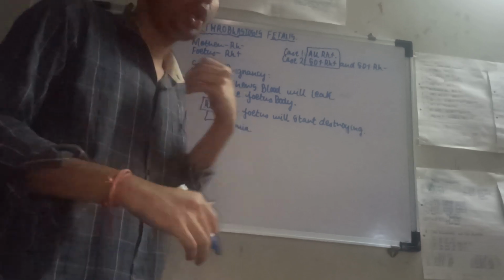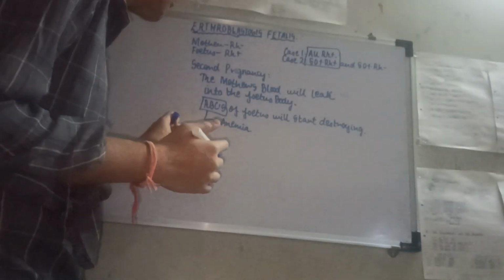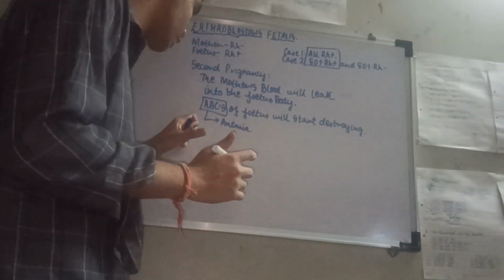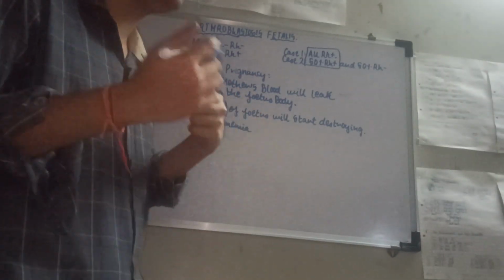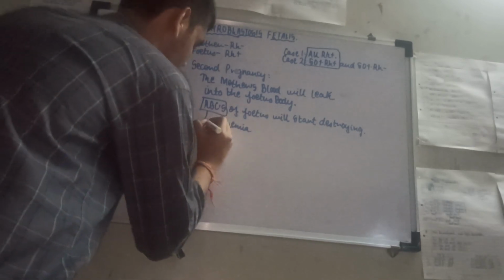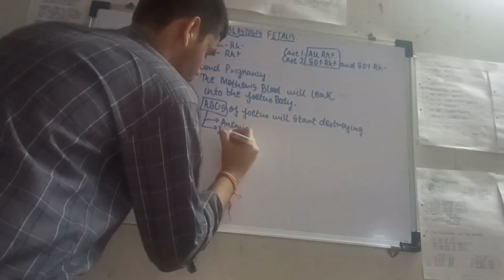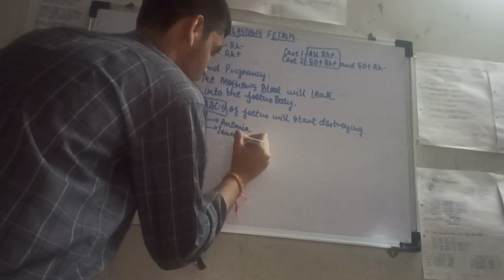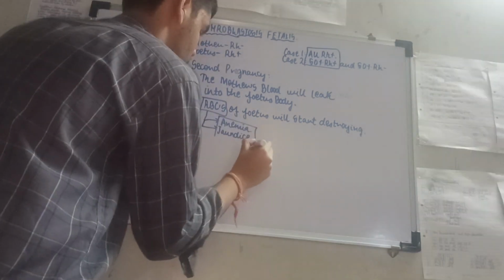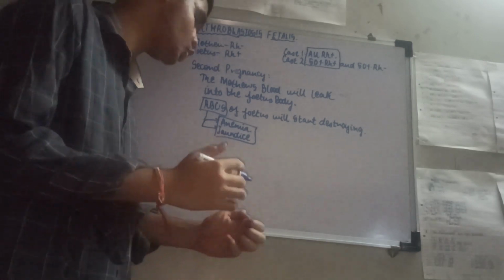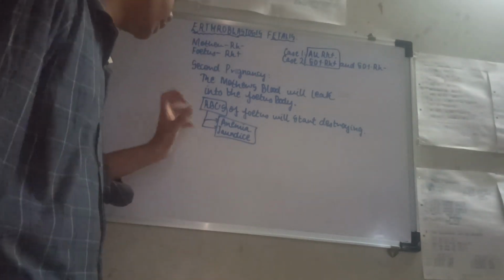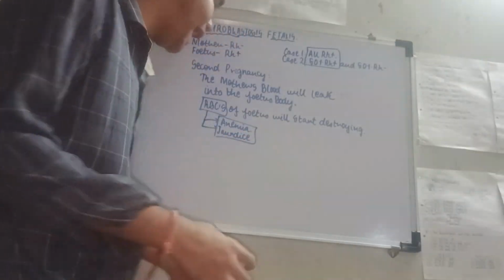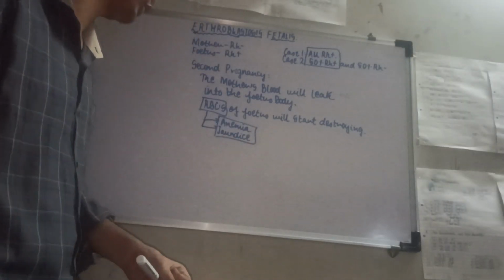Which afterwards may lead to severe jaundice because breakdown of hemoglobin produces bilirubin, which causes severe jaundice. Anemia and severe jaundice. The child is born with anemia and severe jaundice.